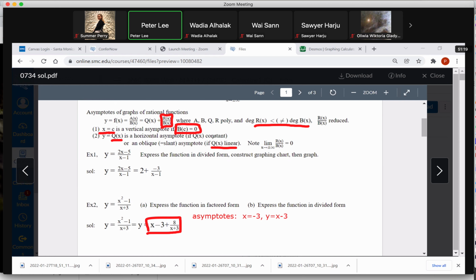Now, how about this q of x? If q of x is linear, and in this case q of x is actually linear, x minus 3 is linear. If q of x is linear, what is the asymptote? The asymptote is y is equal to q of x, not q of x alone. Is that clear?